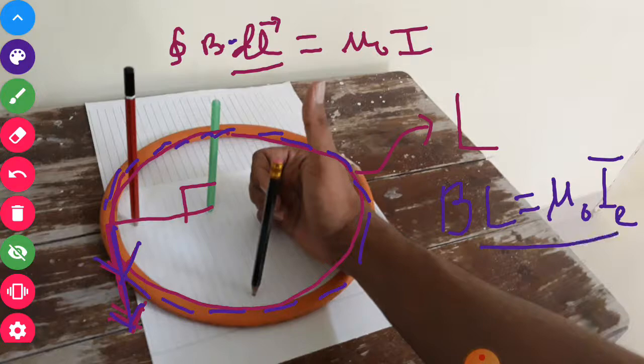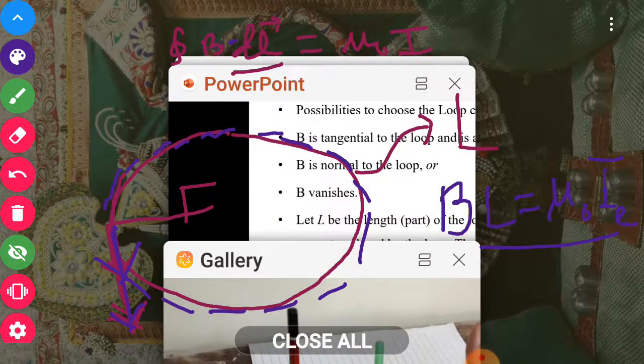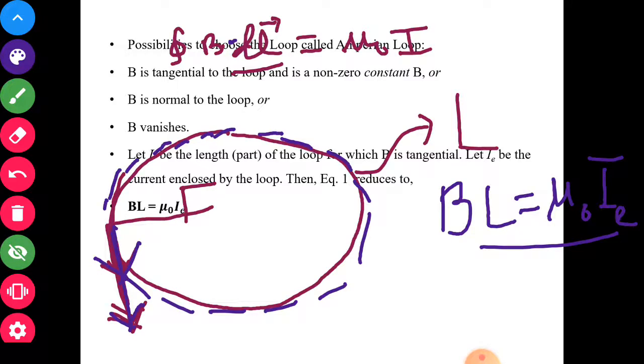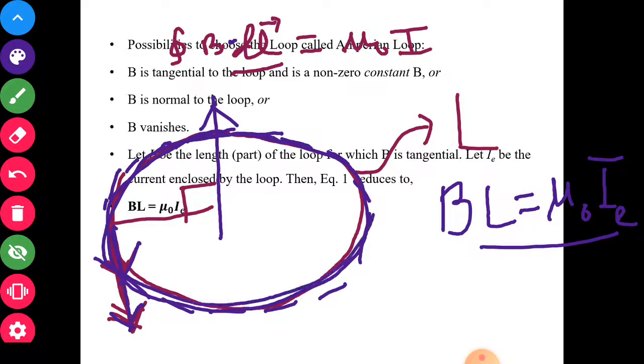So BL is equal to mu 0 IE can also be written as a different form of this Ampere circuital law. You have to take what is L, try to understand. L is nothing but the length of the loop. Say here one current is flowing and you have enclosed it with a particular loop.